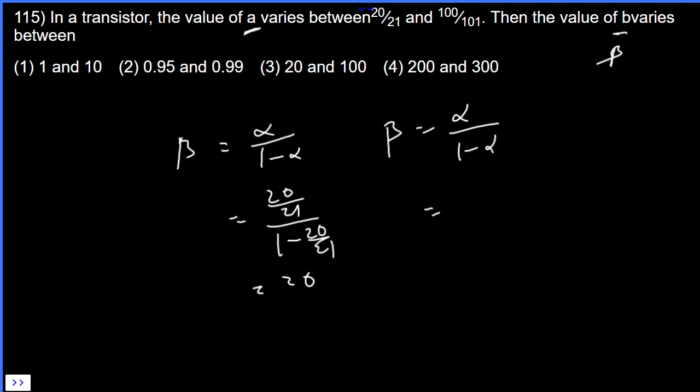Substituting the alpha value, beta is (100 by 101) by (1 minus 100 by 101), which is equal to 100. So its value varies between 20 and 100.